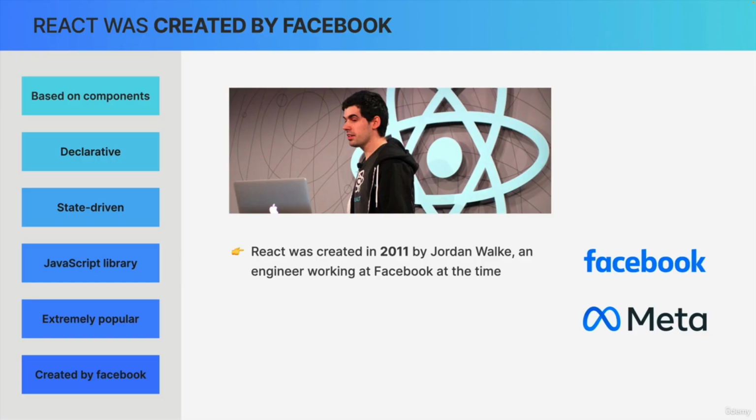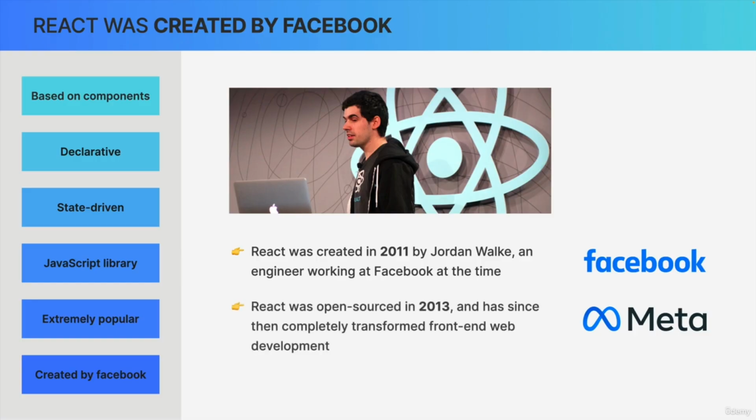Then, in 2013, React was open sourced for everyone to use it, and the rest is history. Because React has truly and completely transformed front-end web development, not only by developers that are using React itself, but because many other modern frameworks were created as a response, which really changed the industry forever.